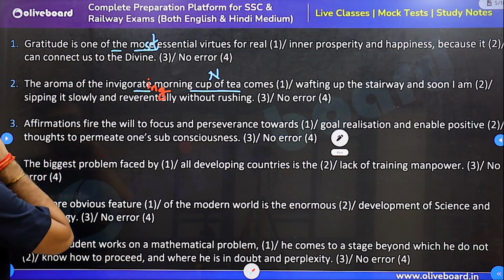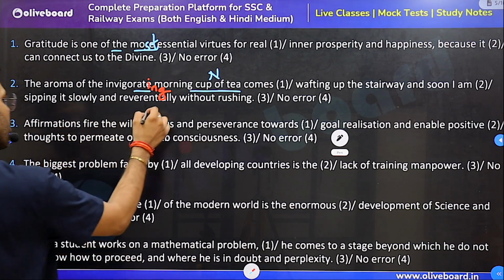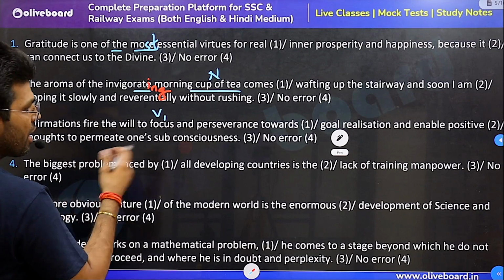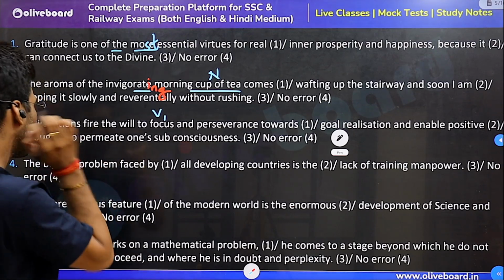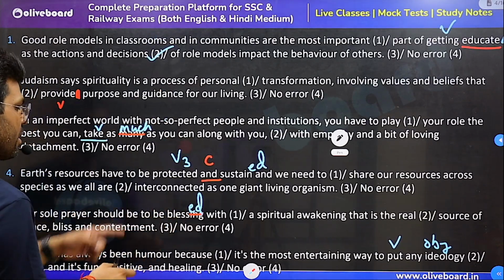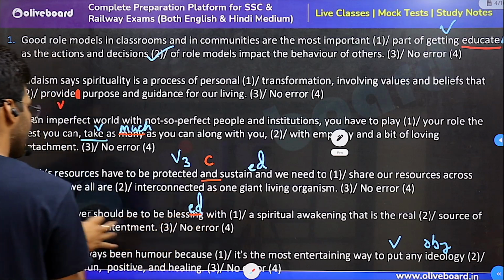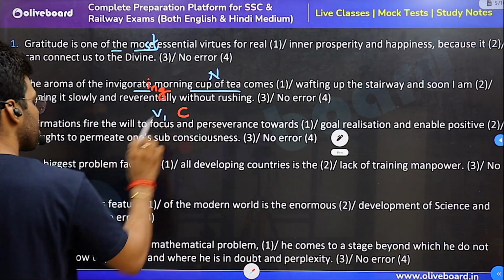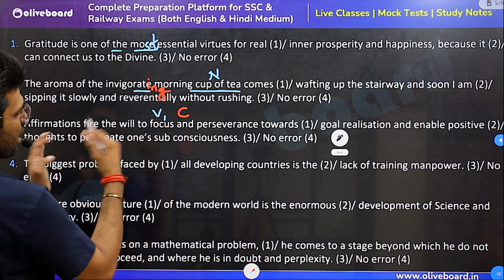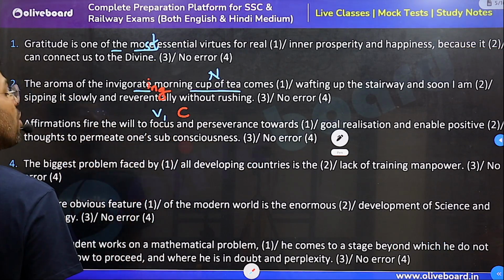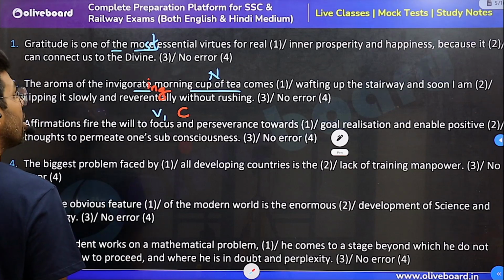Affirmations fire the will to focus and perseverance. Perseverance is a noun, so how can the same pattern work? And is a conjunction which connects two things of the same kind. And is a conjunction, but V1 cannot be connected with a noun. Make it a verb.